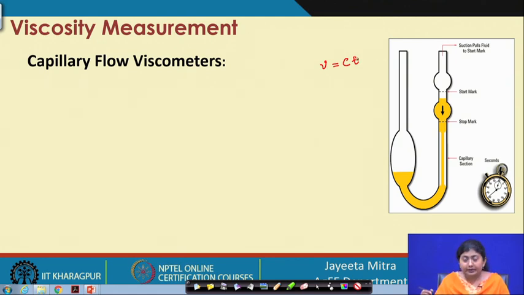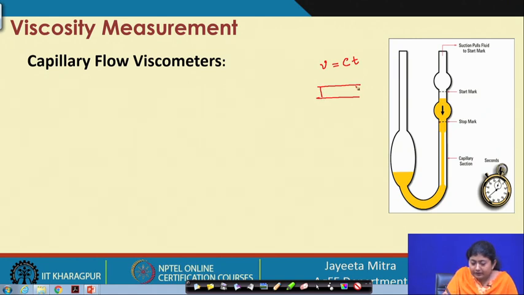Now, let us imagine a fluid element here in the capillary tube. We have considered this as incompressible laminar flow, and the temperature over the whole region is constant.